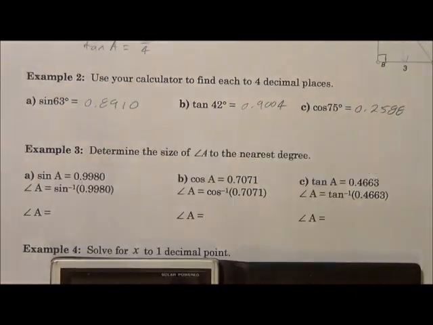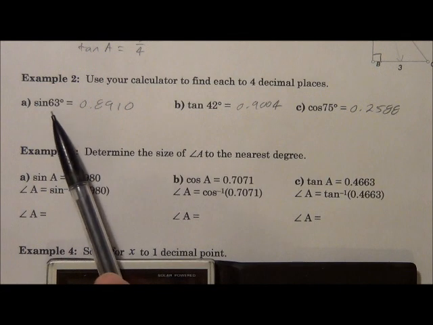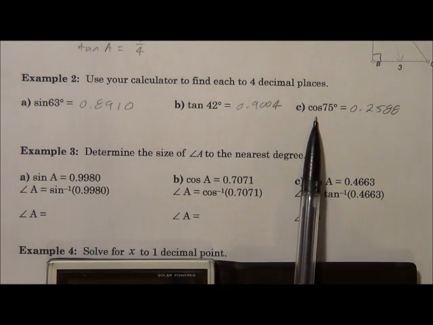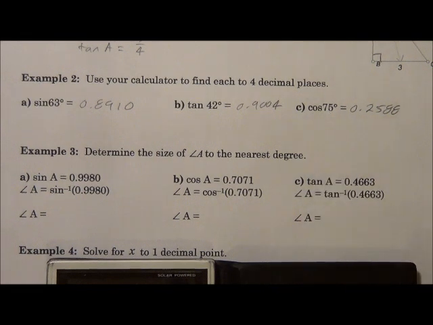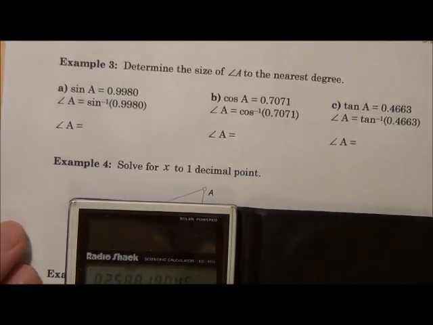Okay, so those are ratios in decimal form for the sine ratio of angle 63, the tangent ratio of angle 42, and the cosine ratio of angle 75 degrees. Now we want to determine the size of angle A to the nearest degree.